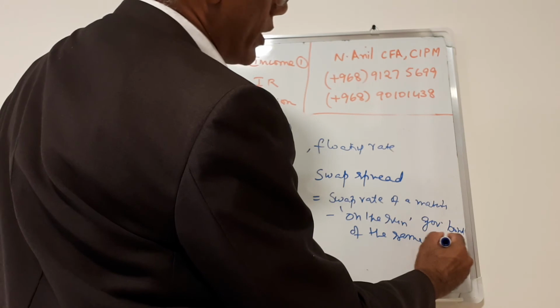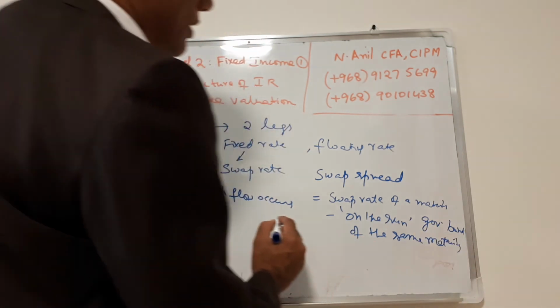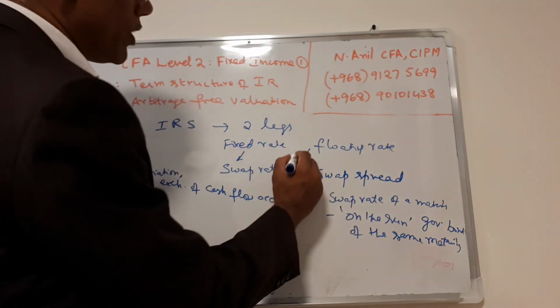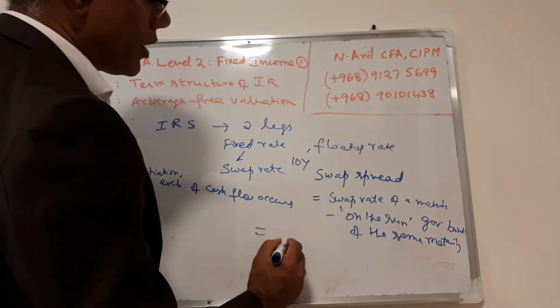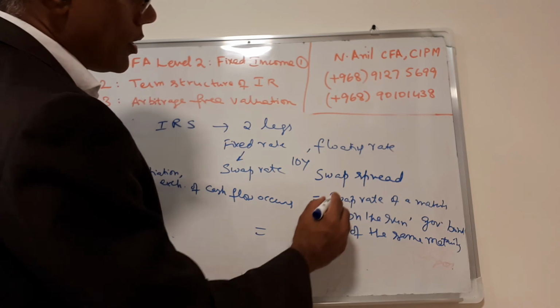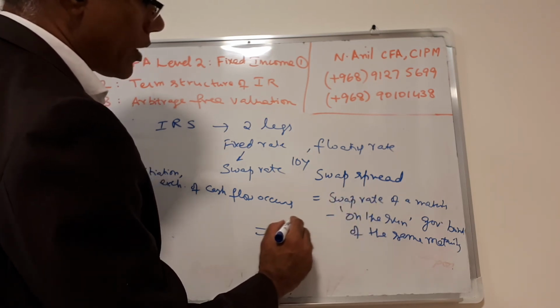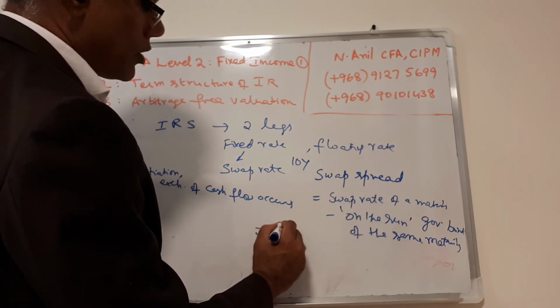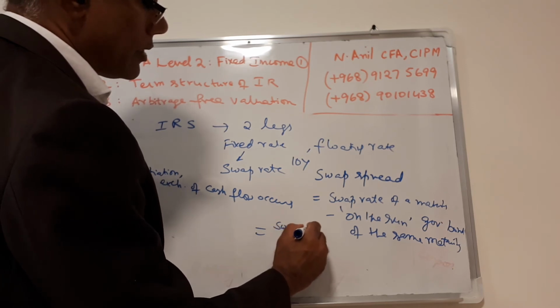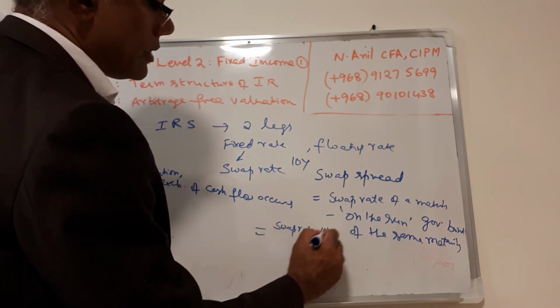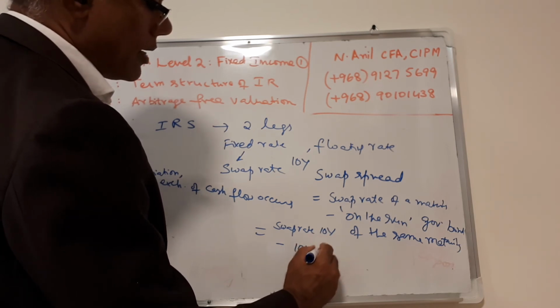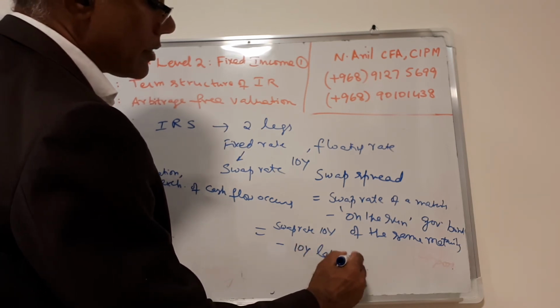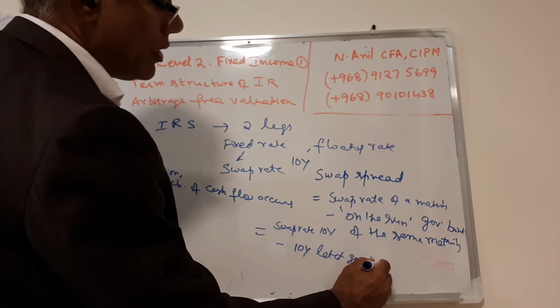On the run, not off the run. Off the run means older series. Say, for example, what is the 10-year swap spread? Then you take the 10-year swap rate, that is fixed, minus the 10-year latest government bond yield.